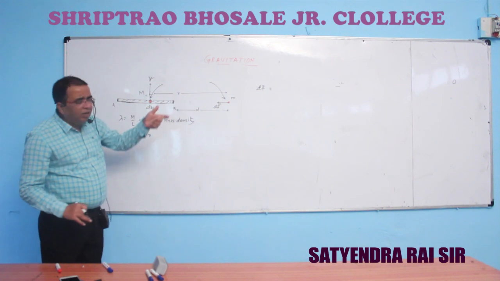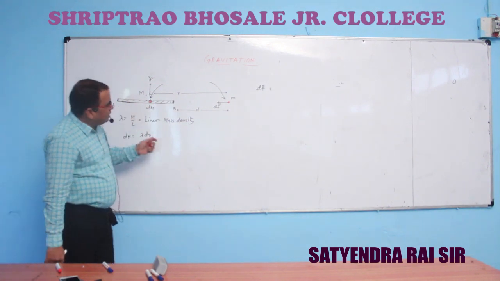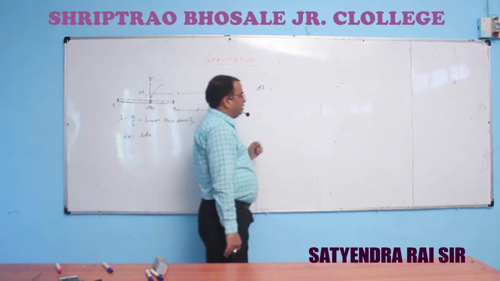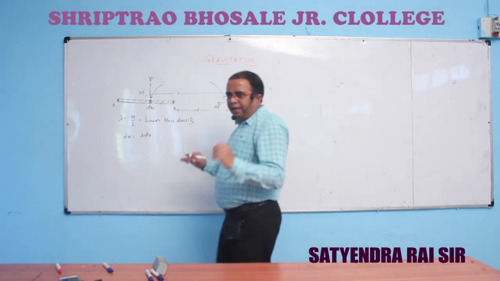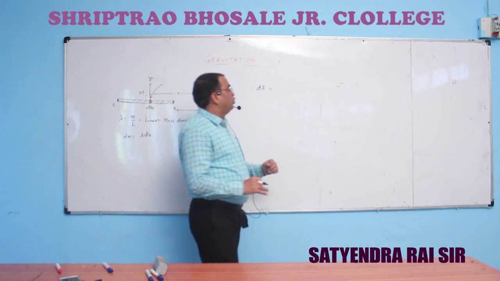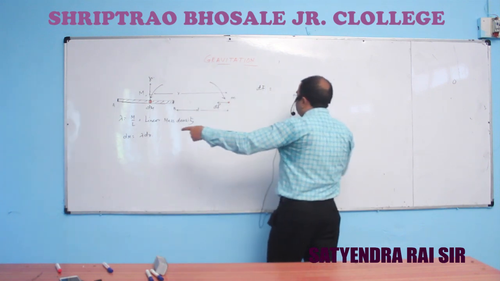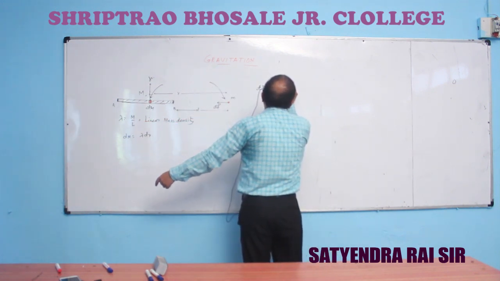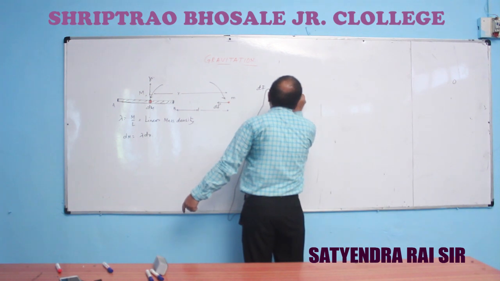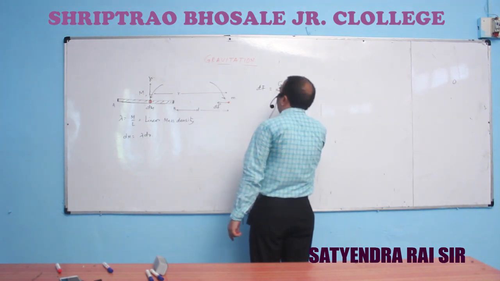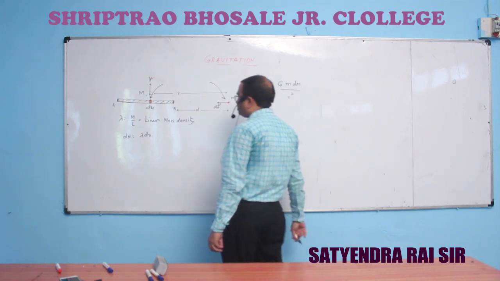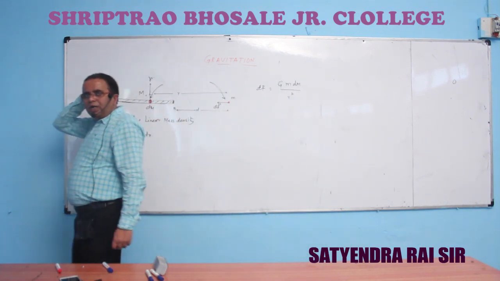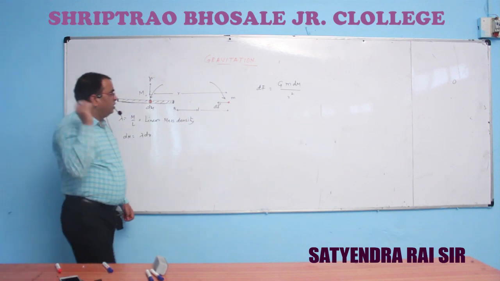So there is a formula for calculating the interaction between point masses: F is equal to G m1 m2 upon r square, here G small m into dm upon r square.